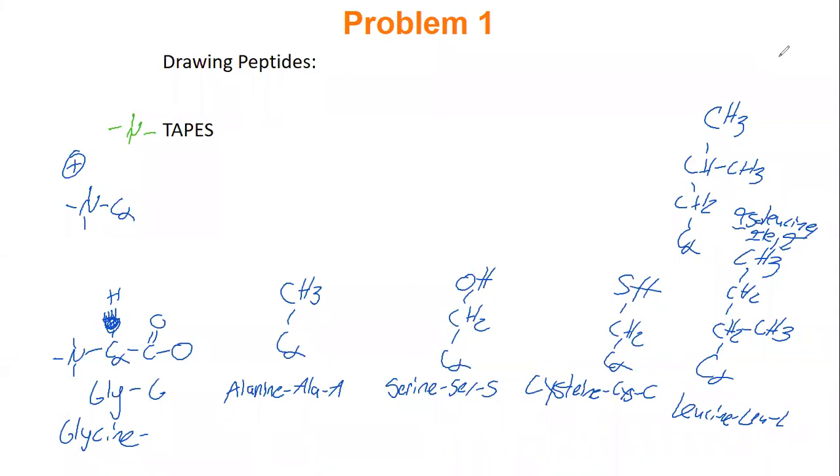Do we alternate the side that we draw the side chain on? You don't have to. I draw it all on one side. Does spelling count? Yes. Oh, wait. Oh, I see what you mean. If you're close, I'll count it. So if you misspell the 3-letter code for serine, right?